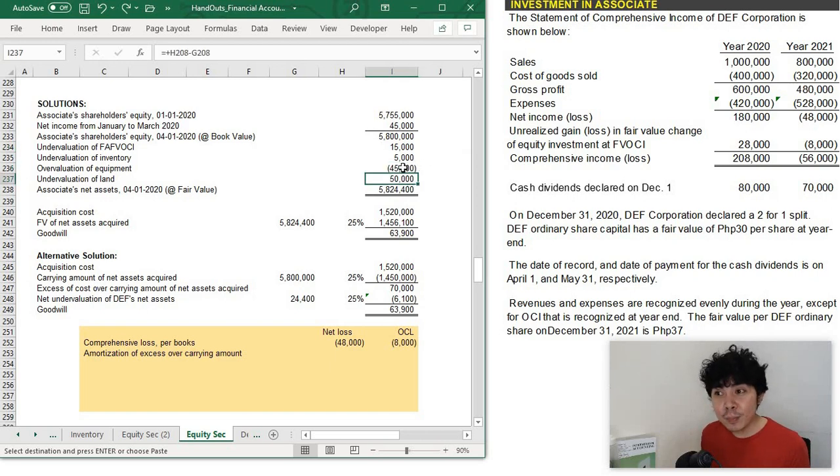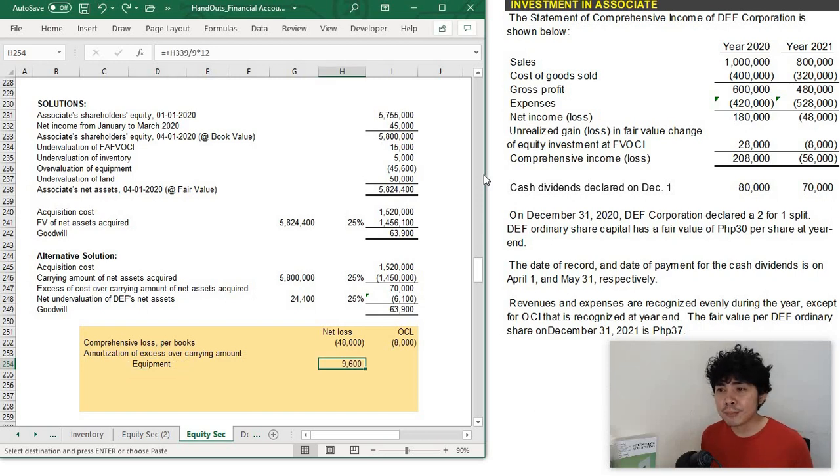Yung sa equipment, syempre, i-amortize natin yan ngayong taon kasi magkakaroon uli yan ng effect sa Statement of Comprehensive Income ni associate. Kasi, anong effect niya sa comprehensive income? Syempre, yan ay dinedepreciate. So, para sa equipment, ganun pa rin yung ating procedure, assuming straight line method ang ating depreciation method. So, for the equipment, ang ating amortization dyan is 9,600.